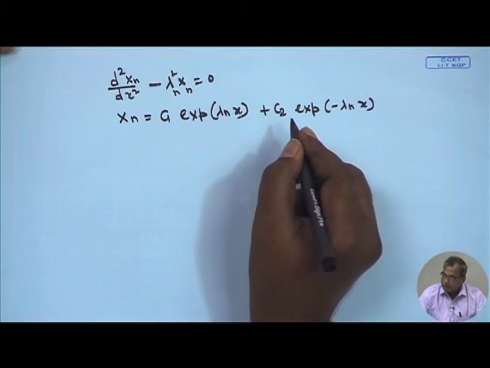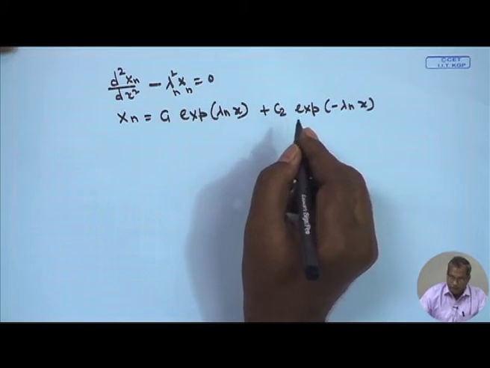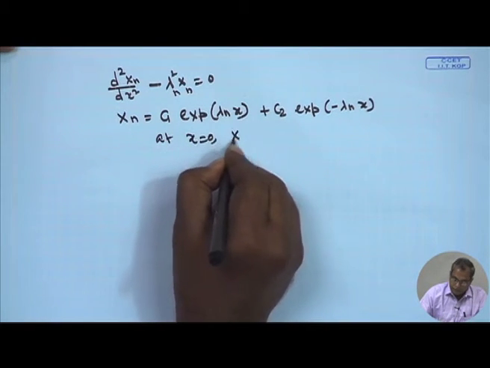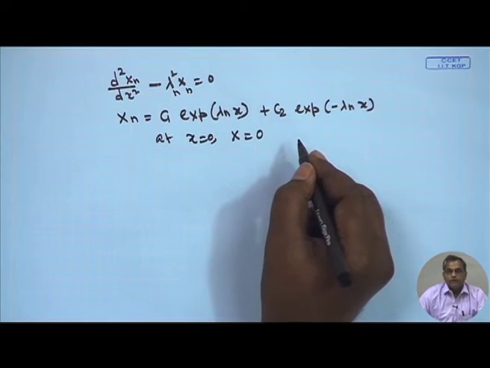Now, in the original problem we had at x = 0, u = 0. So, at that boundary, capital X must satisfy that. That means at x = 0, X has to be equal to 0.